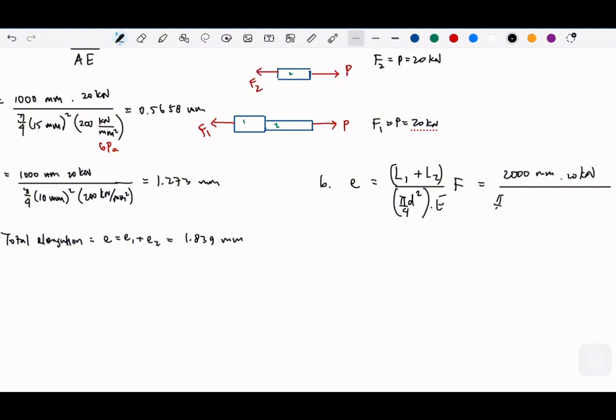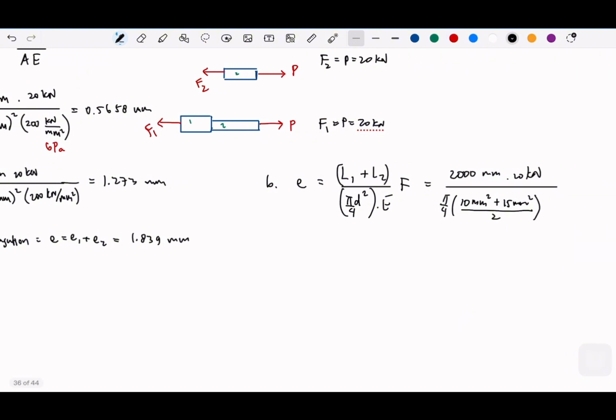Now this will be pi over 4 times 10 millimeter squared plus 15 millimeter squared, but divide by 2, as in finding the average of the diameter. And then 200 kilonewton over millimeter squared. And this will be equal to 1.567 millimeter. So elongation for B becomes 1.567.